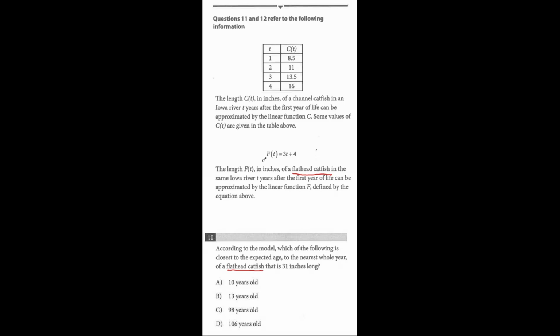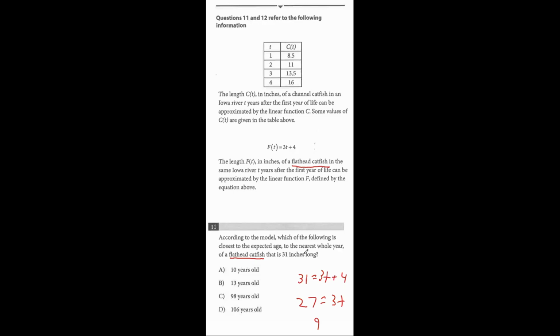So the length is given by this: 31 equals 3t plus 4. Subtract 4 from both sides, and we get 27 equals 3t. 27 divided by 3 is 9. So which of the following is closest to the answer?